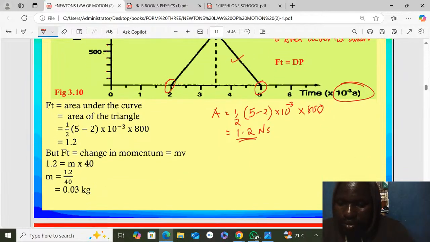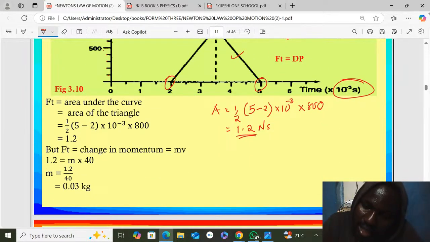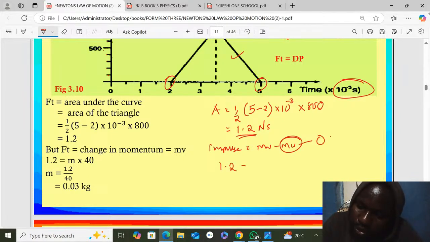Then we'll say that impulse is equal to mv minus mu, but we know that this part is 0. Therefore, 1.2 is equal to the mass we are looking for times a final velocity of 40.